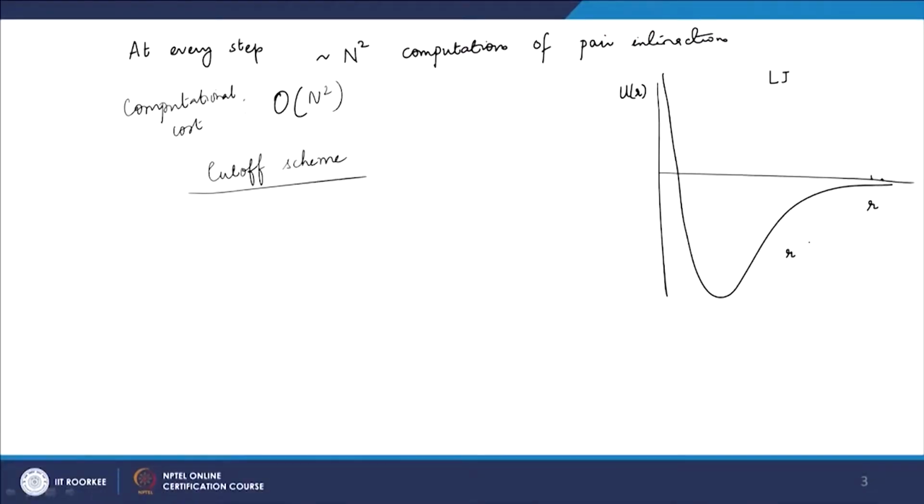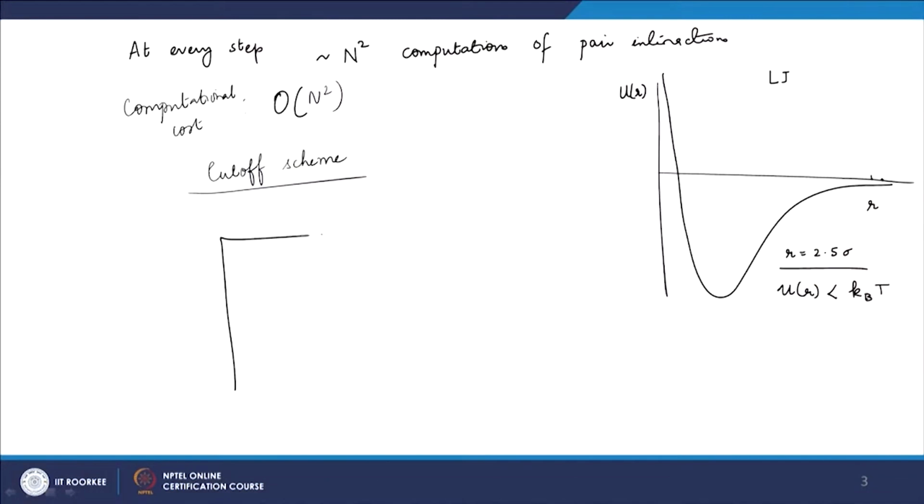In fact, if you go to say r equal to 2.5 sigma, that is one of the standard values, where I will see why it is important. At this value, the U of R is typically already less than kBT, that is the thermal energy.